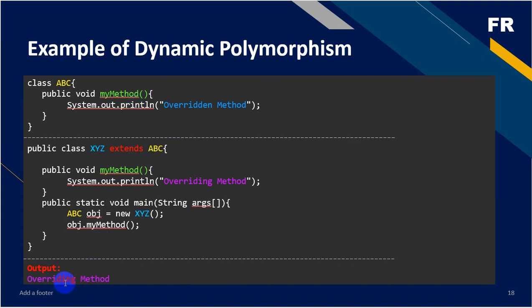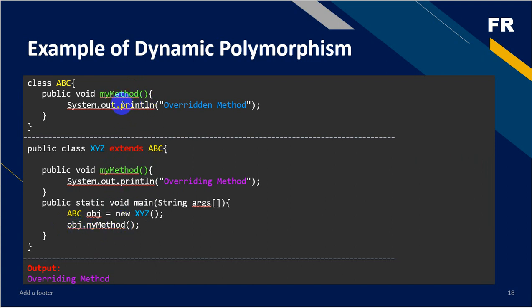The answer will be the overridden method, match the colors. This particular method will be called. We are calling my method. Methods are the same in both of these classes, and through the parent class object we are calling my method, and the one of the child object will be called. So that is the dynamic polymorphism. It will decide what type of method will be called.